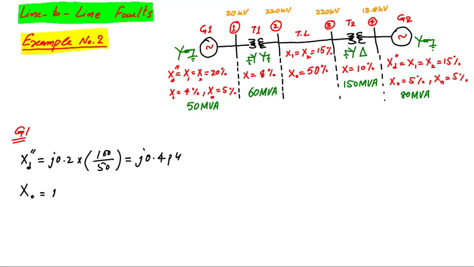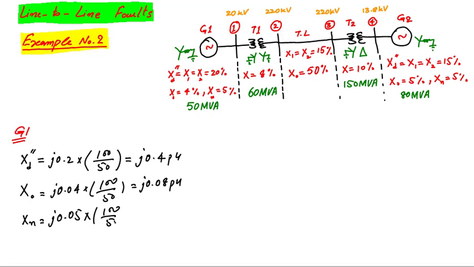Similarly, zero sequence reactance, that was j0.04 into 100 divided by 50, is equal to j0.08 per unit. And finally, the grounding reactance Xn for the generator was equal to 5% multiplied by 100 over 50, that is equal to j0.1 per unit.